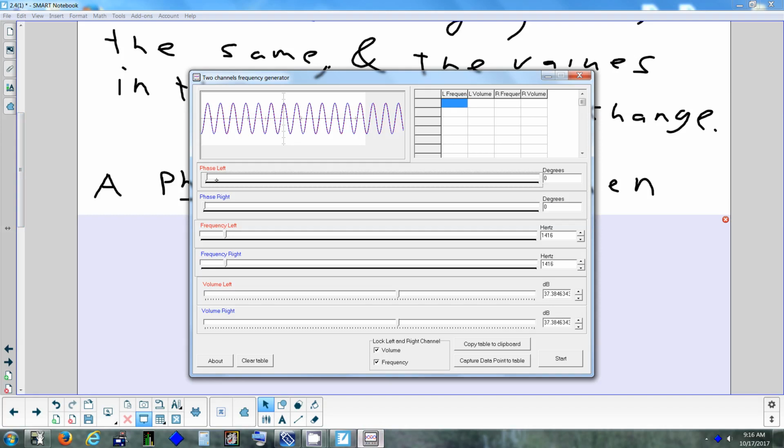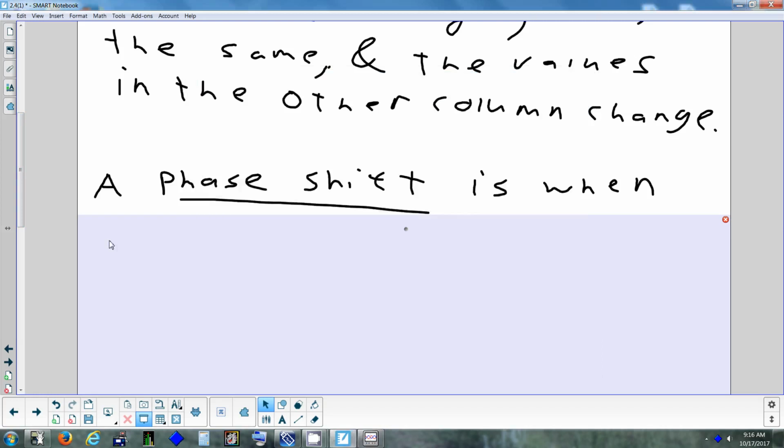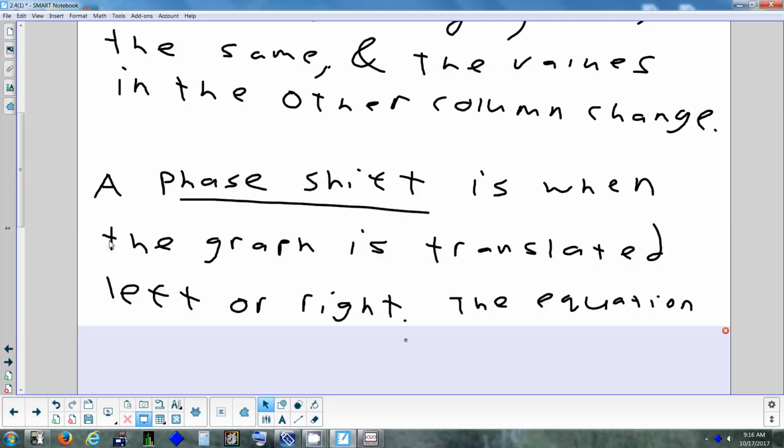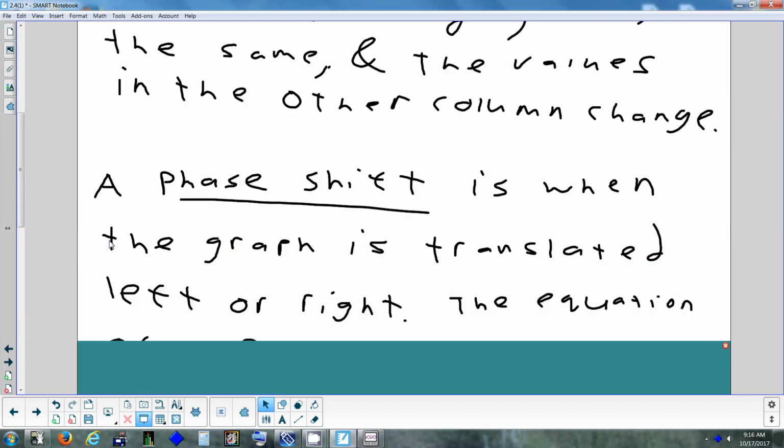But a phase shift is when you just drag the graph basically left or right. You're not stretching it, you're not compressing it. All you're doing is taking what's there and sliding it to the left or to the right. Another name for that you might see in geometry, that's called a translation. You just translate left or right.